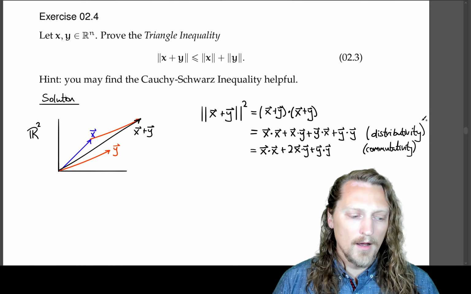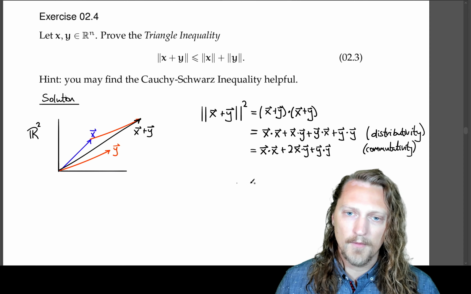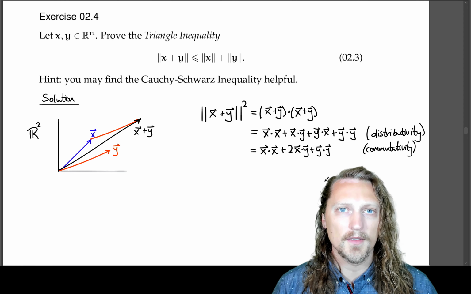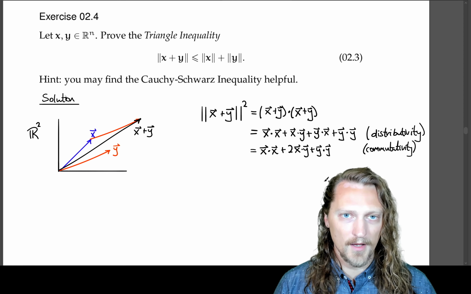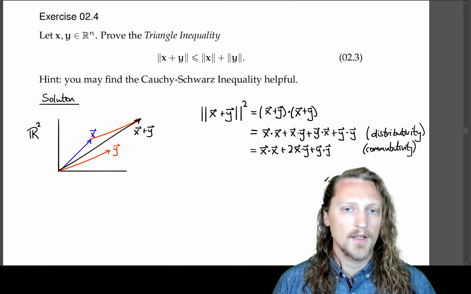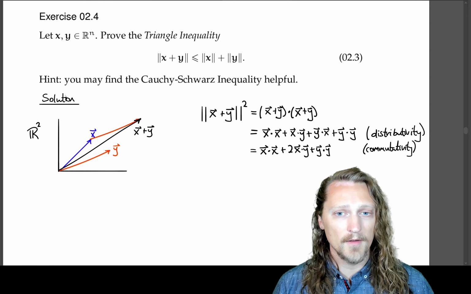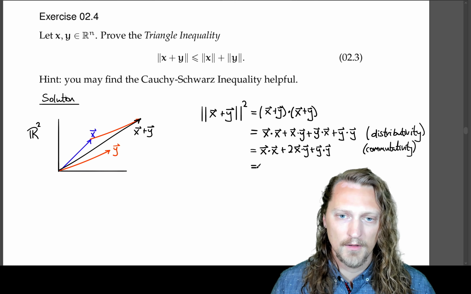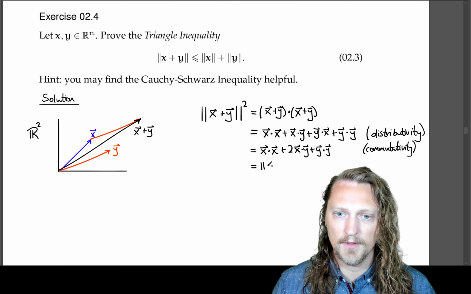Good. Now we can identify that these two terms, dot products of vectors with themselves, are just equivalent to the norm of the vector squared. So we can make that simplification.